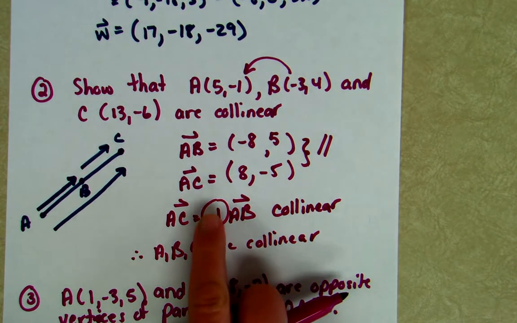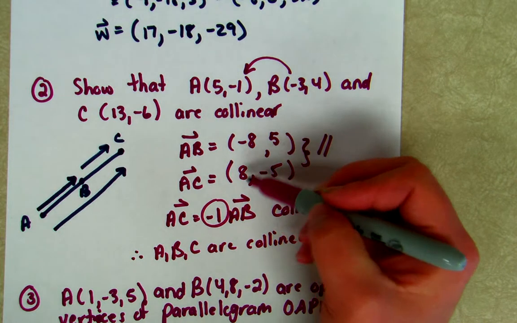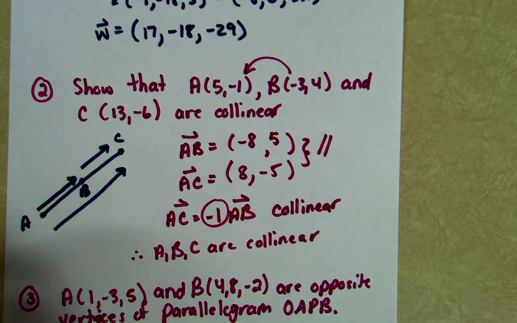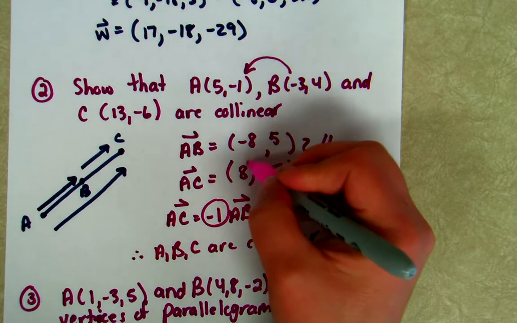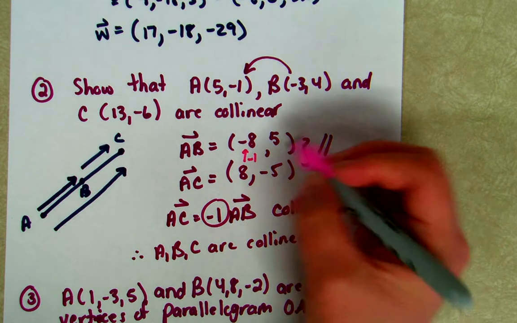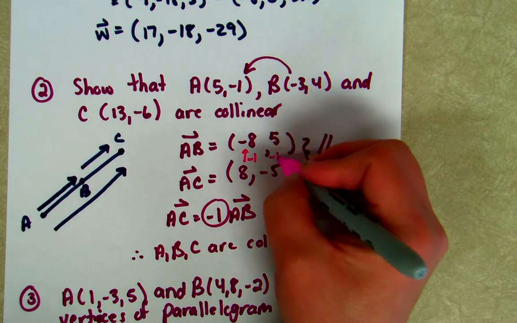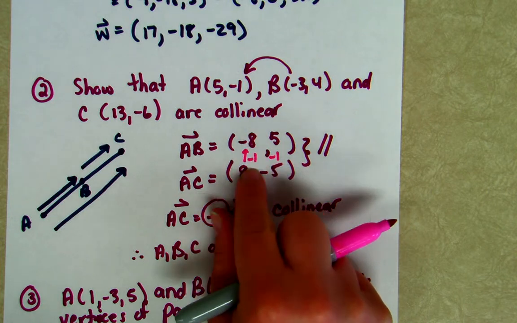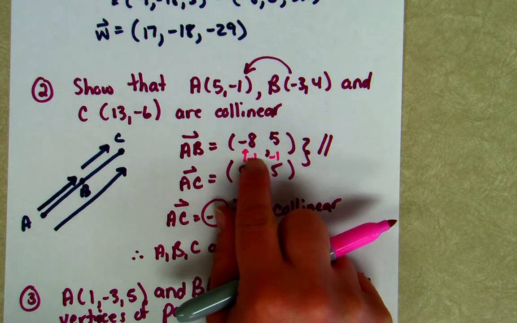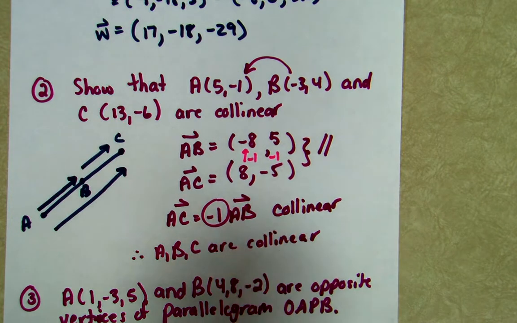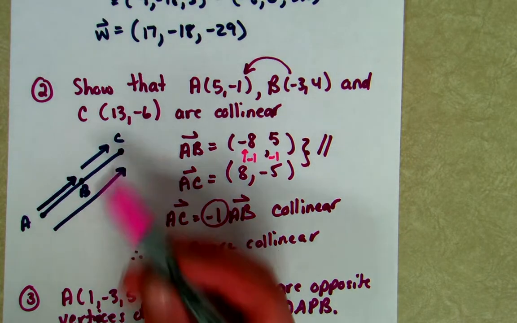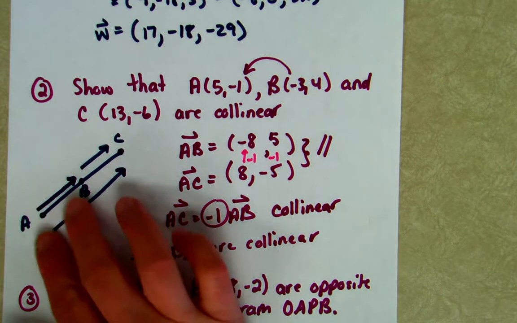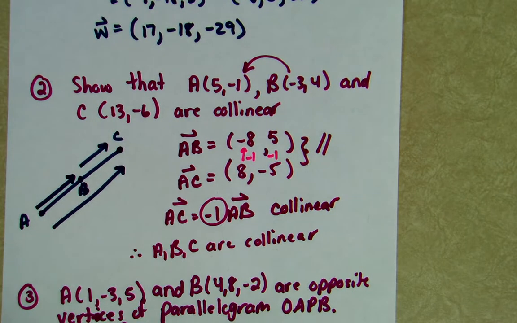This could be 2, it could be negative 3, it could be a fraction like 1.5, but as long as there's a multiple, or you get the same thing when you divide. If I do 8 divided by negative 8, I get negative 1. Negative 5 divided by 5, I get negative 1. If I got different answers for those divisions, then these aren't parallel. If I get the same division each time, then they are parallel. And I've proven the 3 points are collinear by looking at parallel vectors.